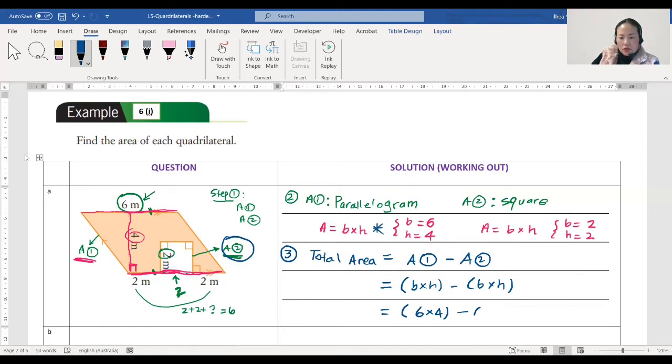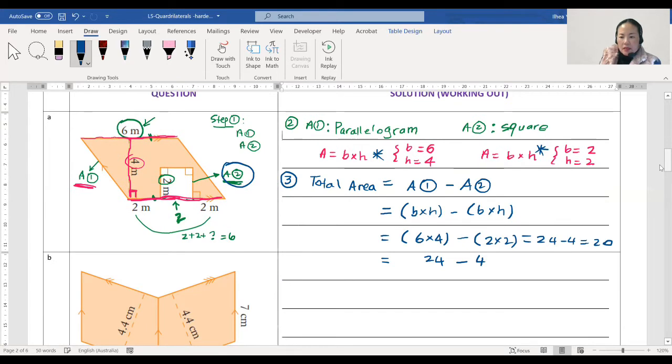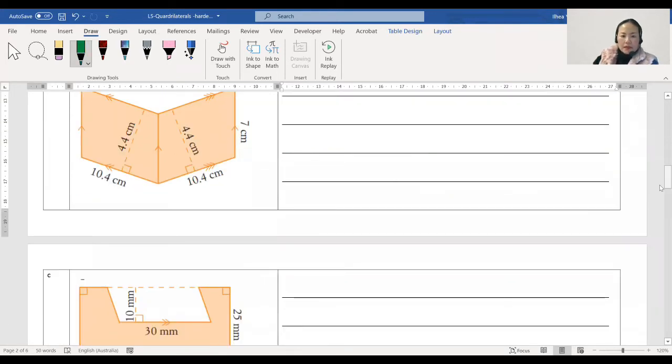The other one 2 times 2, square. So if I do that, 6 times 4 is 24. Take away 2 times 2 is 4. So 24 take away 4 is 20. 20 meters squared.